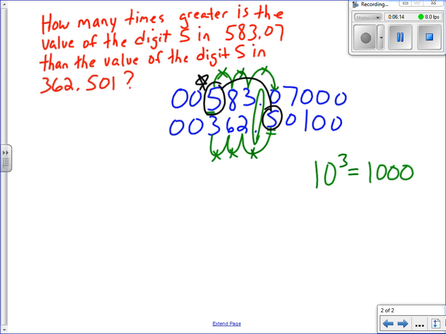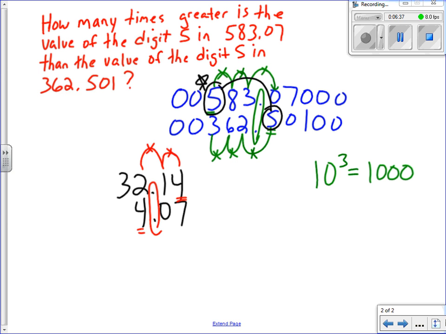Now, once again, I'll give another example here. If I want to compare 32 and 14 hundredths to, let's say, 4 and 7 hundredths, I line the decimals up, which is what I did here. I want to compare the 4s, so I do my camel humps, 1, 2, or I can go this way, 1, 2, and that tells me the exponent, so that's 10 to the second power.